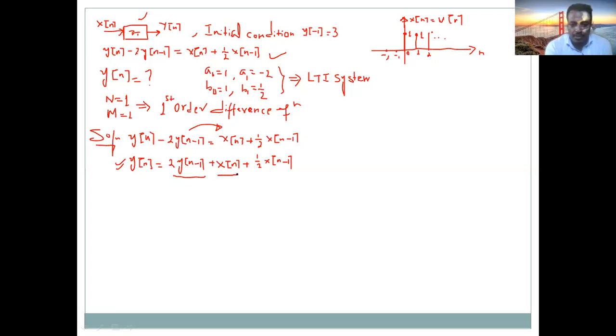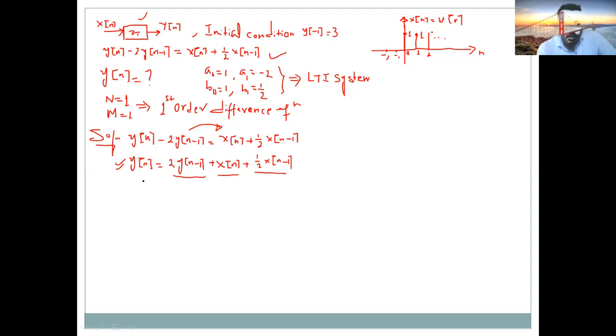It depends on x of n, the input you apply at this time. It also depends on the input you applied one sampling period before. The present output y of n depends on three samples: the past value of output, the present value of input, and the past value of input.